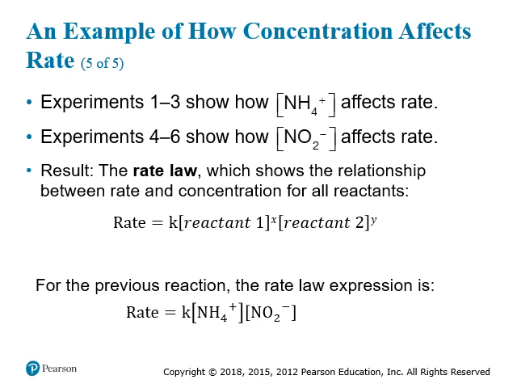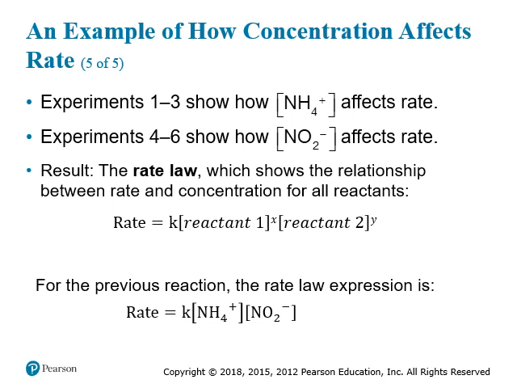The rate is equal to K, which is the rate constant, times the concentration of each reactant raised to a power. Now you'll notice that the power that reactant 1 is raised to is X, reactant 2 is raised to the Y. We will soon understand that these exponents refer to the order of reaction, something that we essentially calculated on the previous slides.